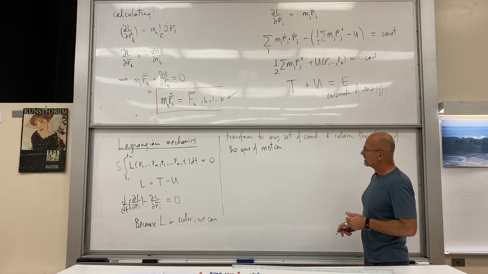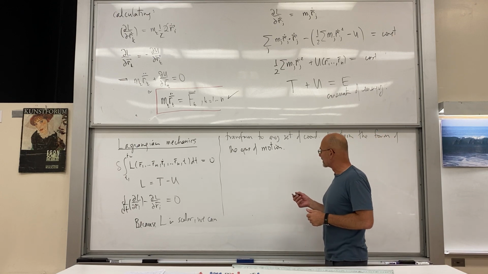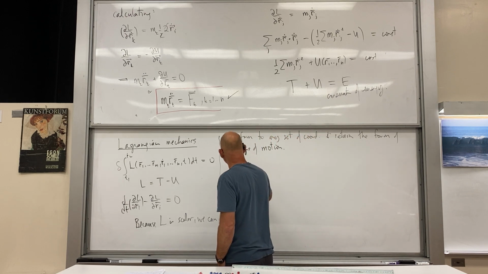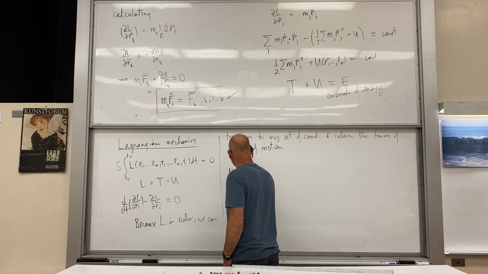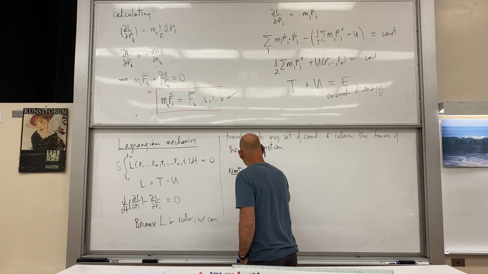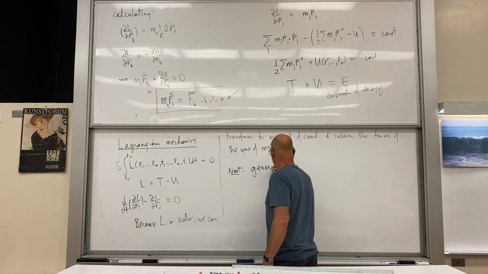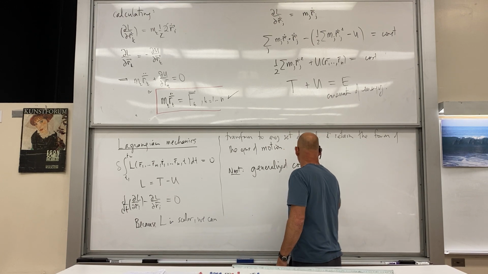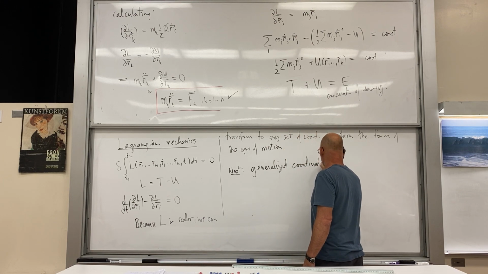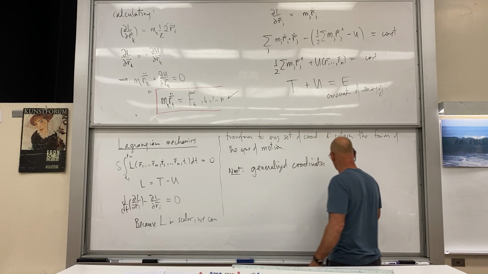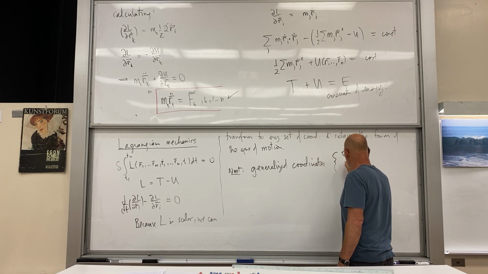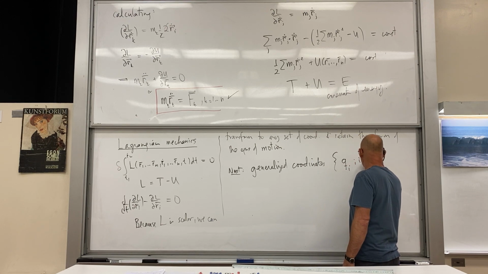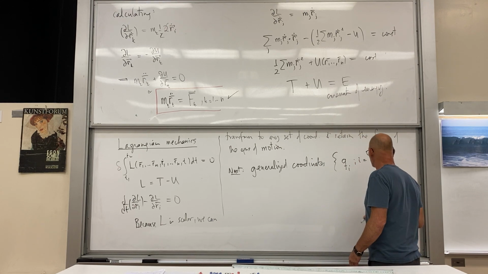Now, then I have to introduce a couple of concepts. So the next thing we're going to talk about is generalized coordinates. We'll take a set of q_i, i equals 1 to n.